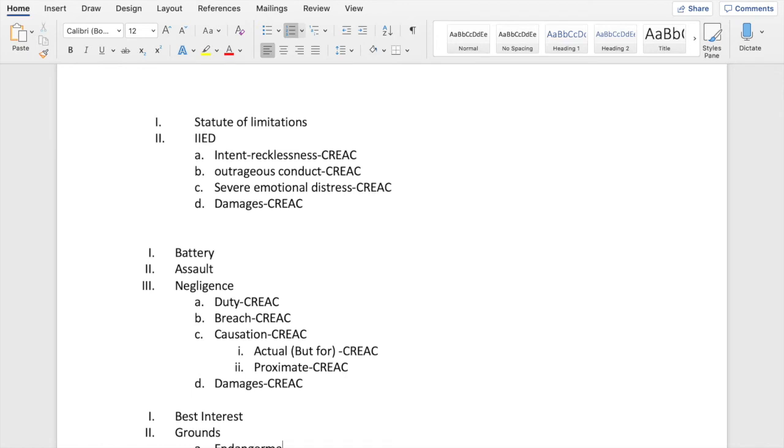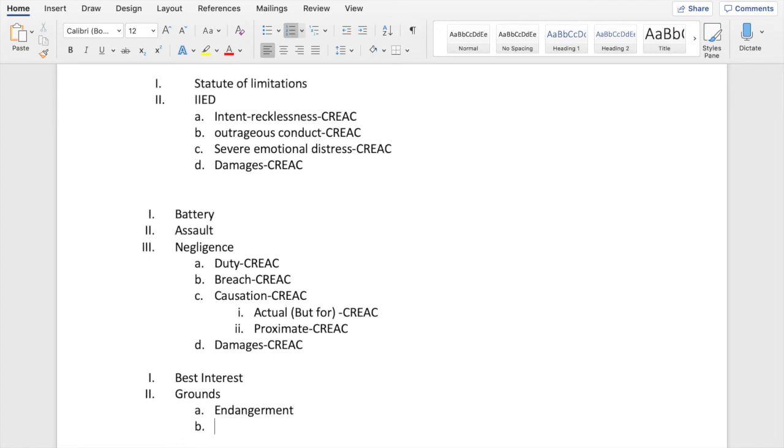So let's say you're going to try to prove endangerment grounds, mental health, and failure to pay child support. You would CREAC each of these if you were going to try to prove each one, hoping that one would stick.